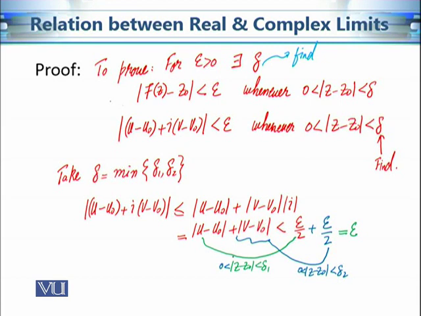So if we want to use both these facts, that this is less than epsilon by 2 and this is less than epsilon by 2, then we should assume that the distance between z and z naught is less than the minimum of delta 1 and delta 2. So in fact we take our delta to be the minimum of delta 1 and delta 2. In other words, for this epsilon we have found a delta, and corresponding to this delta the distance between f of z and the limit is less than epsilon.